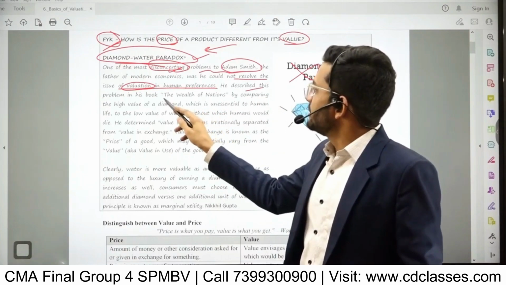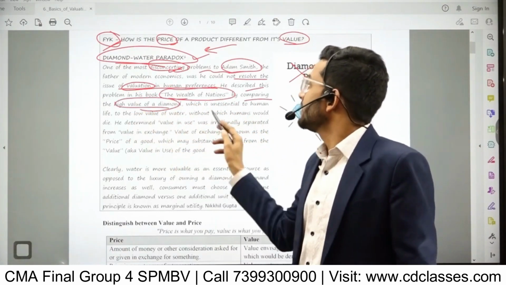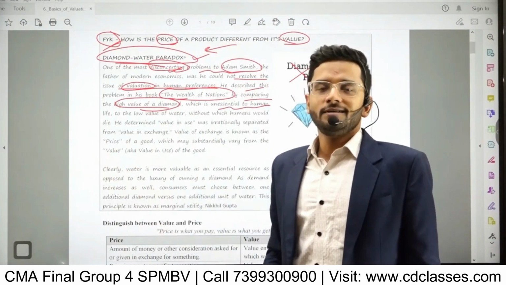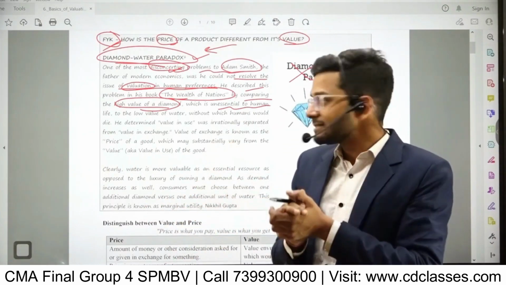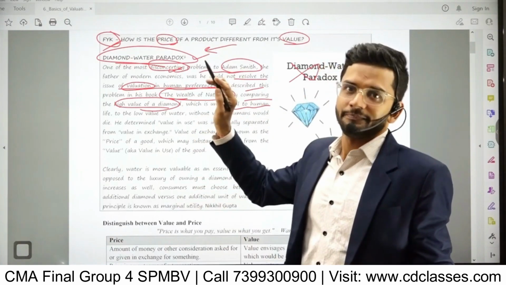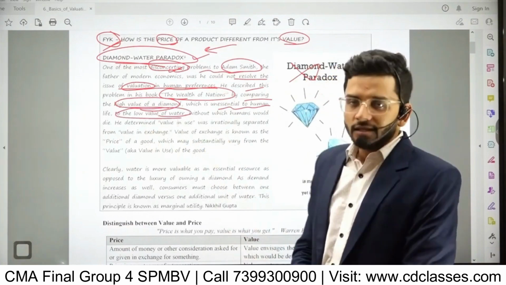He described this problem in his book The Wealth of Nations by comparing the high value of a diamond, which is unessential to human beings. Human beings are not using diamond for any useful purpose. It's unessential for human existence. Still the price of diamond is really high, as compared to the low price of water.